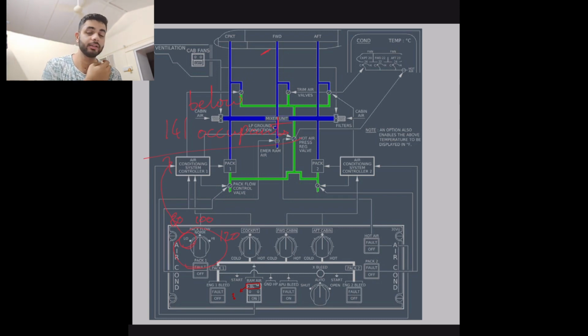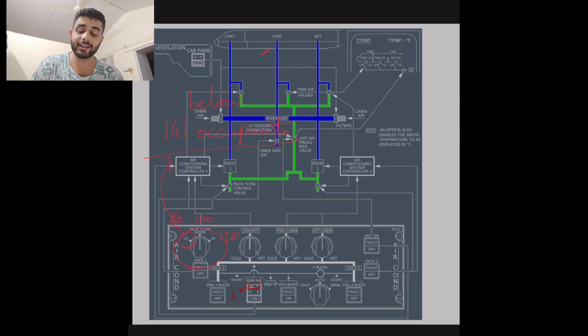It stays on normal; it might momentarily increase its flow rate to 103% and then come back. It'll never go all the way to 120.